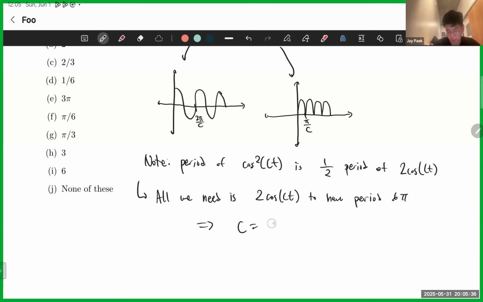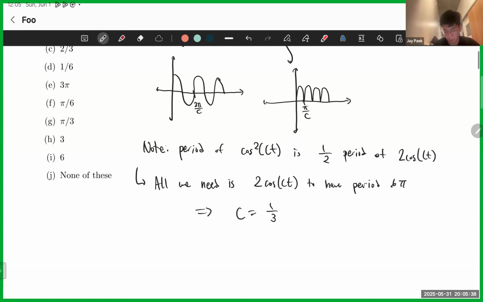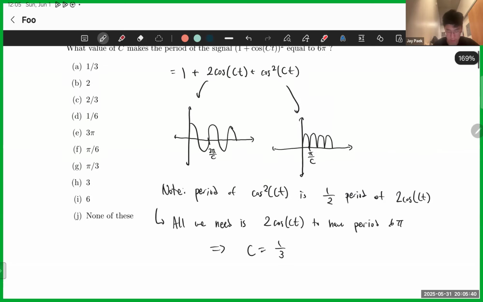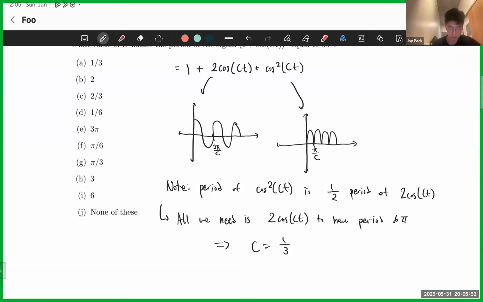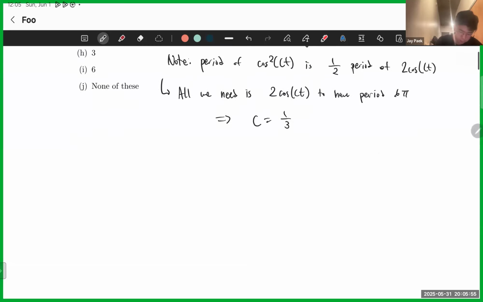over 3. That's it. Of course, this comes from the fact that if you add two periodic functions that are multiples of each other, then all you need to do is work with the one with a larger period. Let me give an example.